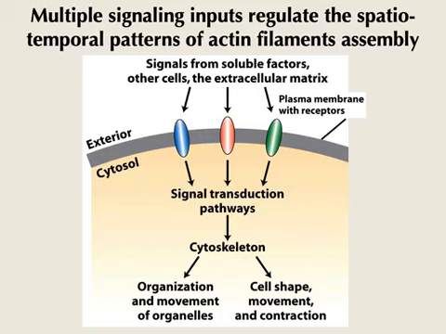It needs to be sensed, and that's usually the job of transmembrane receptors, and relayed to the cytoskeleton eventually, right? So a great deal of control happens here in this signal transduction pathway. So we have to identify proteins that on the one hand will be controlled by these signaling inputs, and on the other hand will directly modulate the cytoskeletal dynamics.